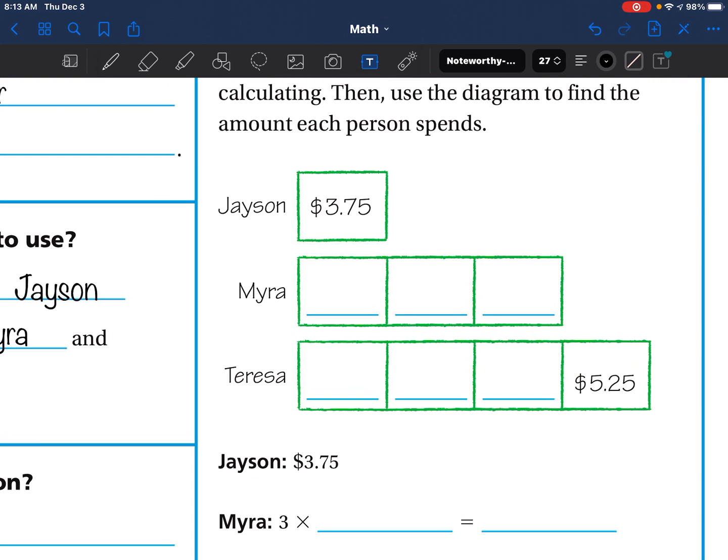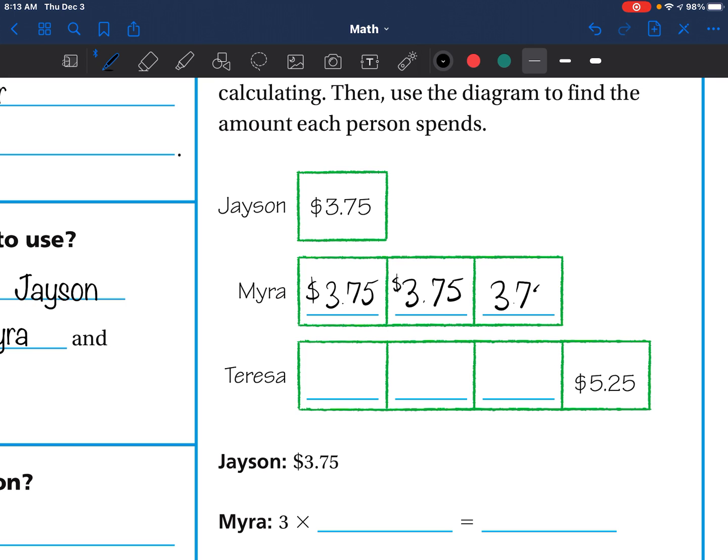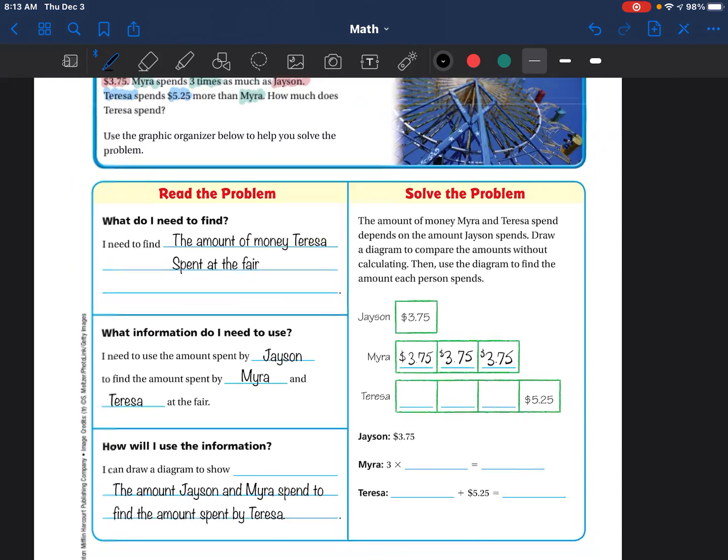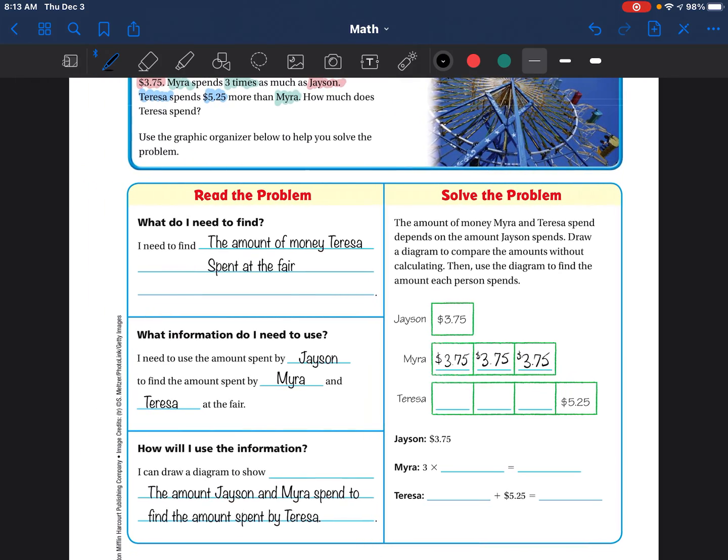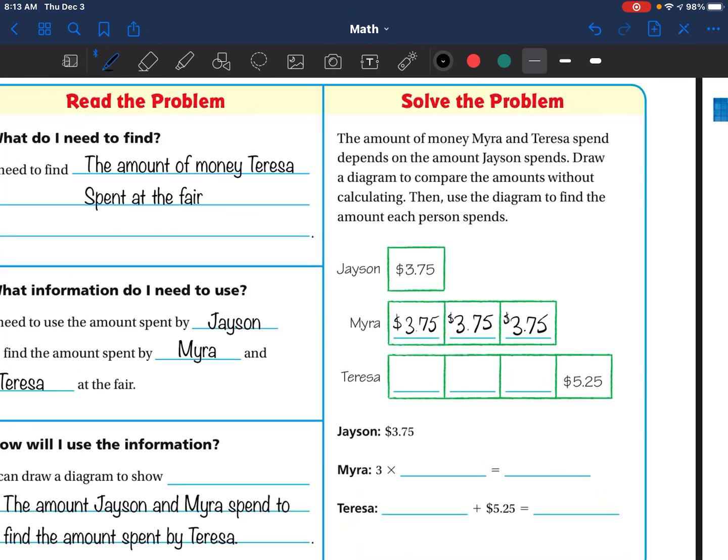So if I were to fill this in, that would be the same as writing 3.75 3 times, which is the same as 3.75 times 3. And then we know that Teresa spends $5.25 more than Myra.